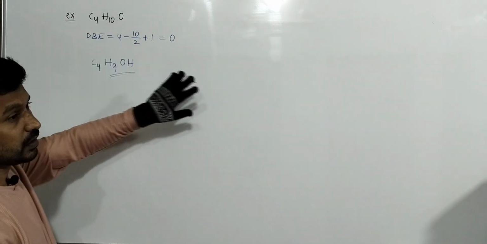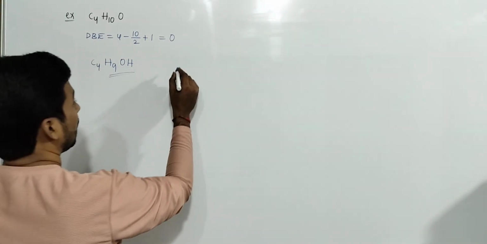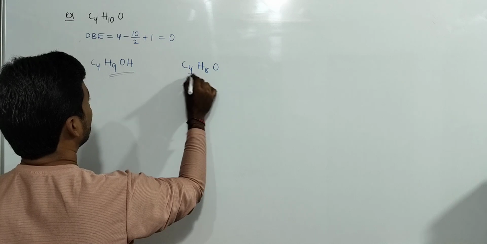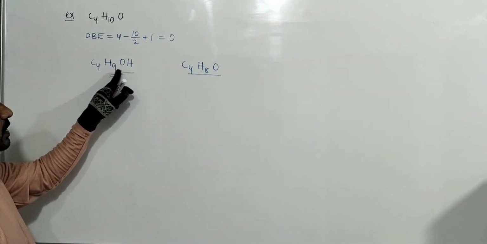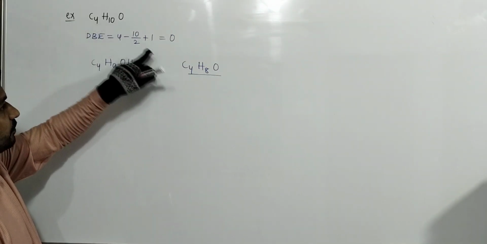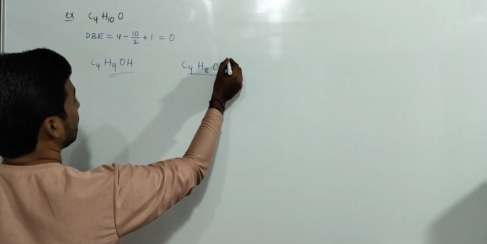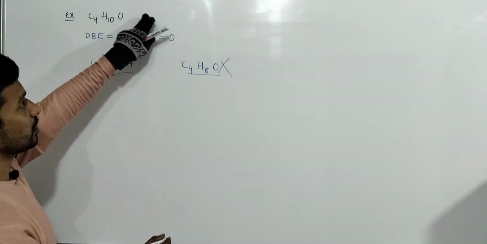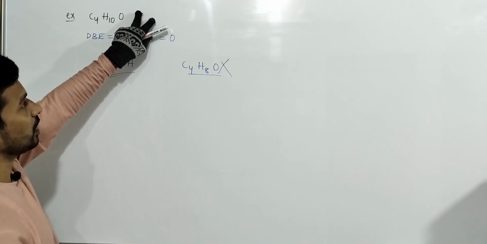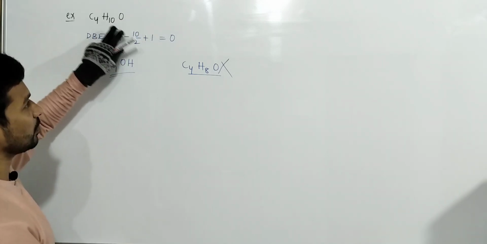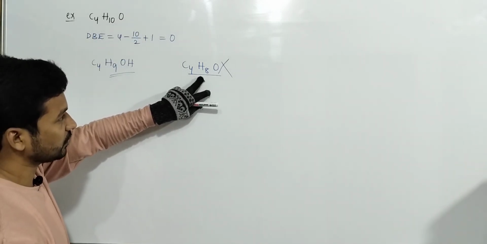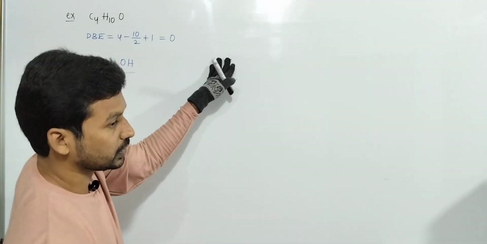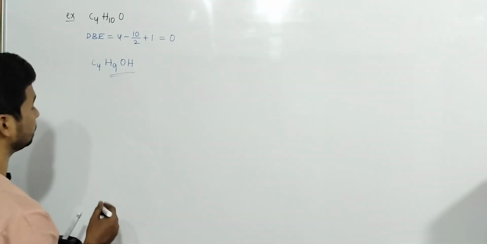With 1 oxygen, aldehydes and ketones are present, but aldehydes and ketones with 4 carbon atoms have the formula C4H8O, not C4H10. So aldehydes and ketones are not possible with this molecular formula. Of course, both contain 1 oxygen atom.